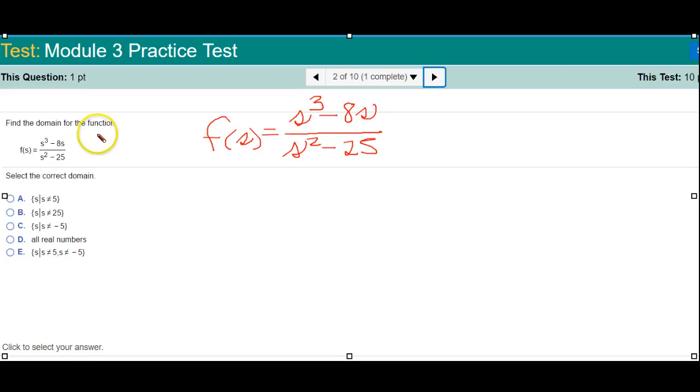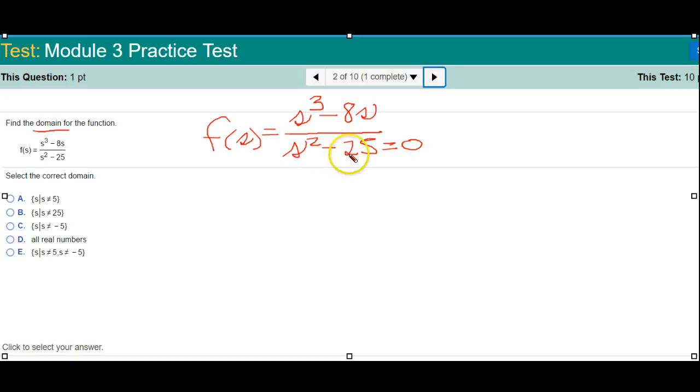On this one, again, they're asking a question that we've had before. We want to know the domain of a function. So the domain of this function would be all real numbers, but s could not be a value that makes our denominator a 0.